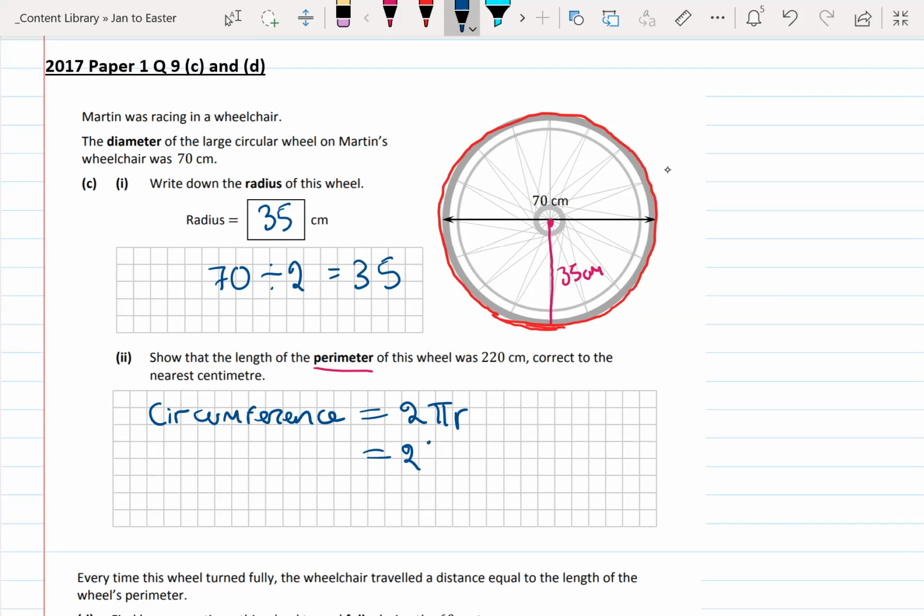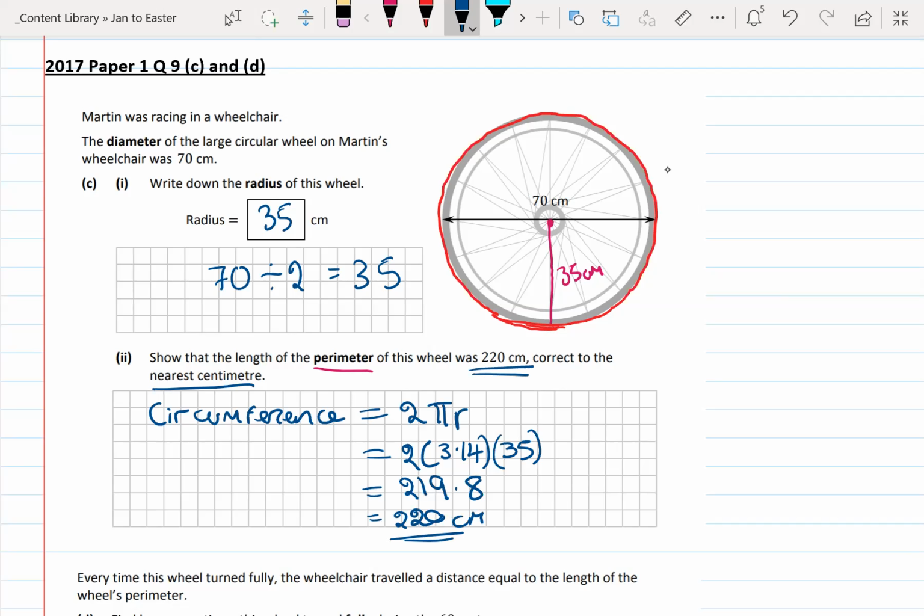Pi is that special number that we use with circles. Okay. So this comes to 219, just calculated it there on my calculator, but they want it to the nearest centimeter, so it's very, very close to 220 centimeters, which is what they wanted.